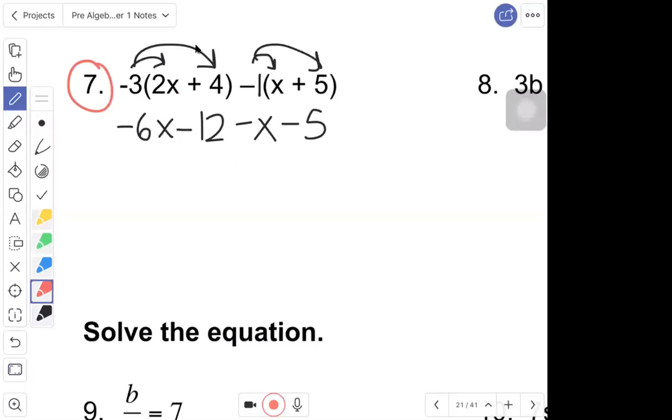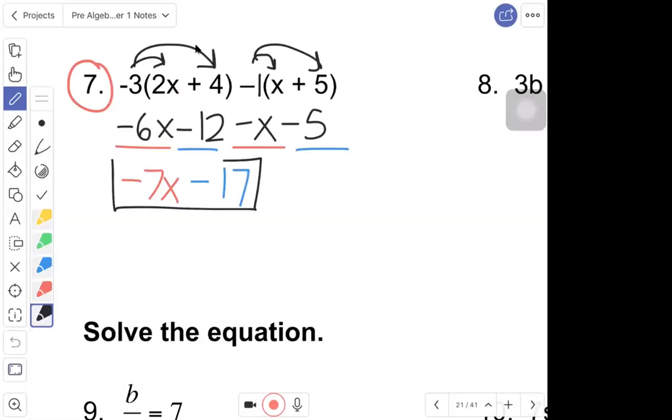You can combine -6x and -1x. Good, and what will that give us? -7x. And what about the other two terms we have left? Can we combine them? Yeah, you can combine them. And what will that give us? -17. Yeah, good. And that's your answer. Good job. Questions on that one?